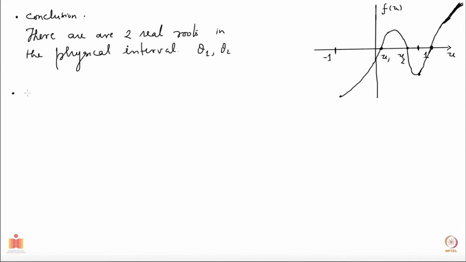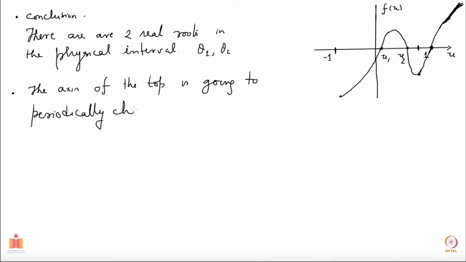So let me write that down also. What we have concluded is that the axis of the top is going to periodically change its inclination, always remaining between theta 1 and theta 2.